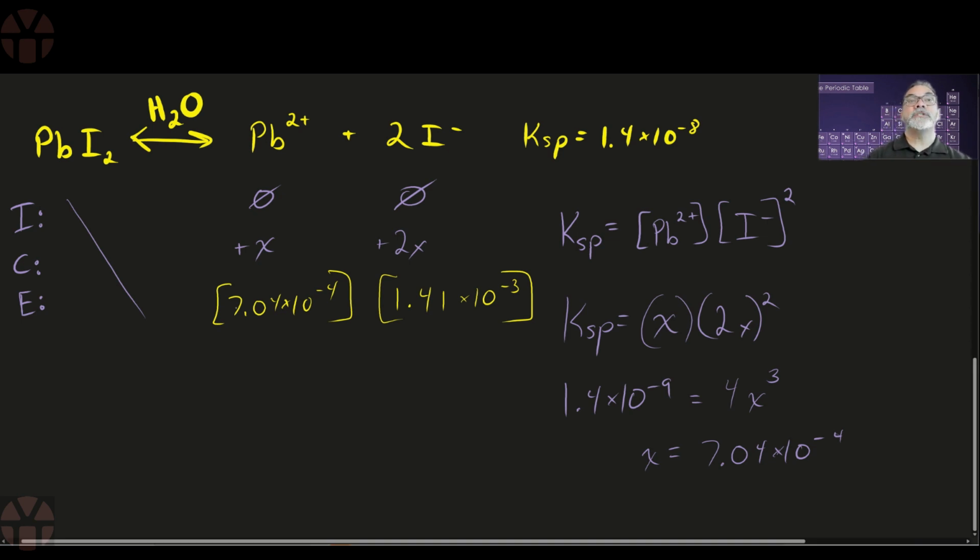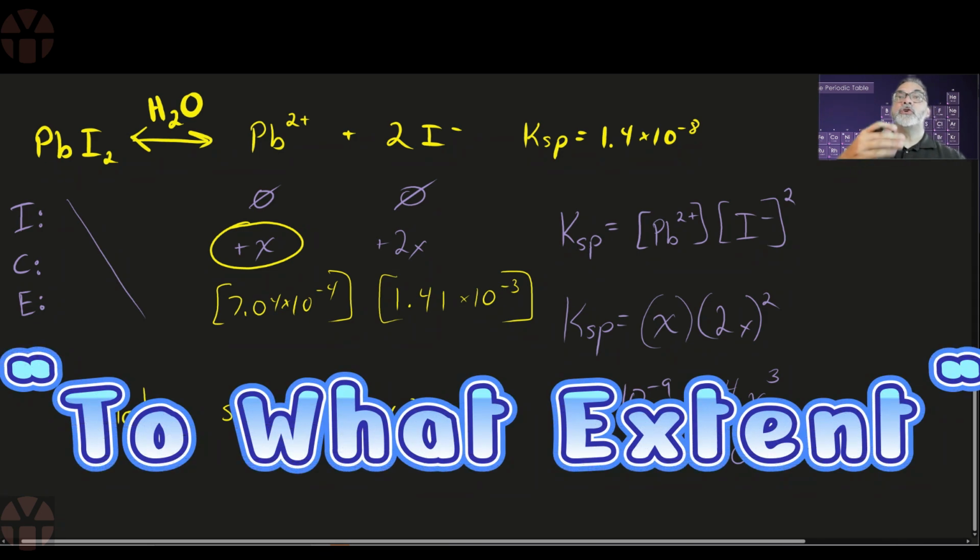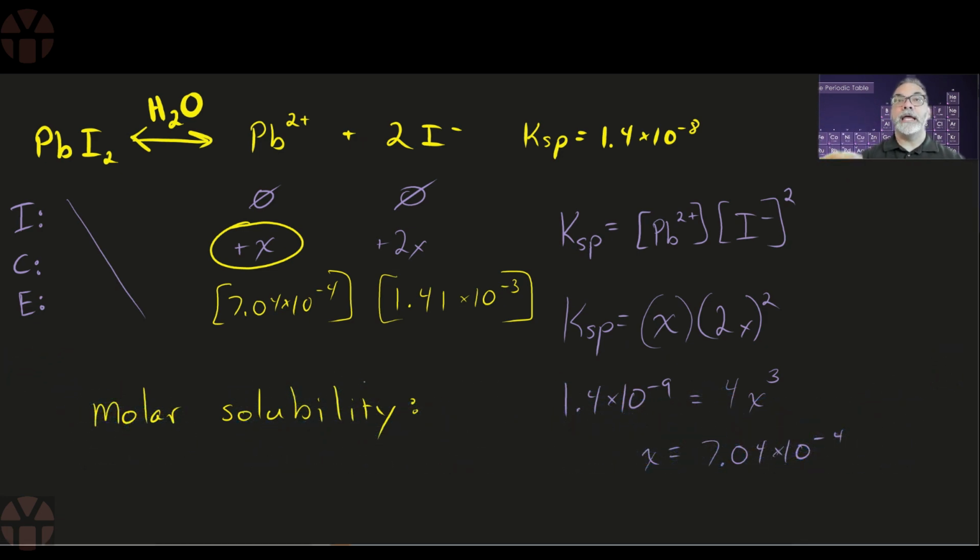Now, we have a special name for this value, this 7.04 times 10 to the negative 4th. If you notice, the 7.04 times 10 to the negative 4th came from the change in x. Now, the value of x itself represents the idea of the molar solubility. And the molar solubility, in a nutshell, tells us to what extent the solid ionizes in water.